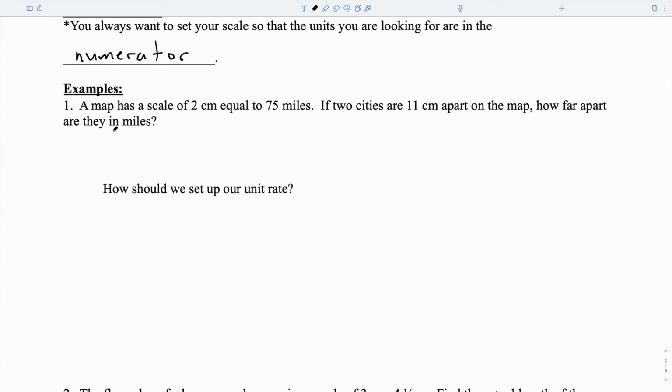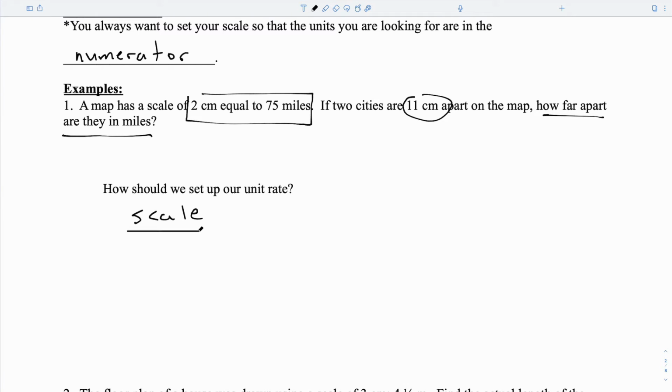So back to 1. A map has a scale of 2 centimeters equal to 75 miles. Box it. If two cities are 11 centimeters apart, how far apart are they in miles? So how should we set up our unit rate? Let's start doing this like we would on Friday.